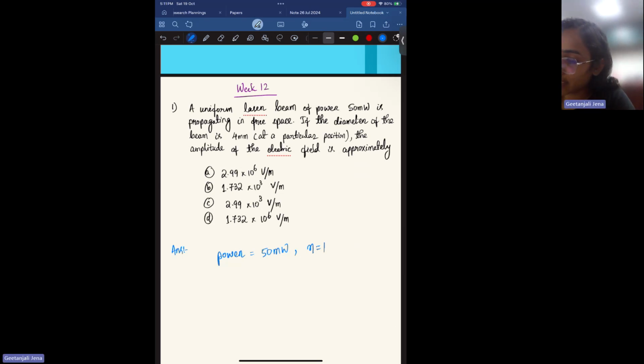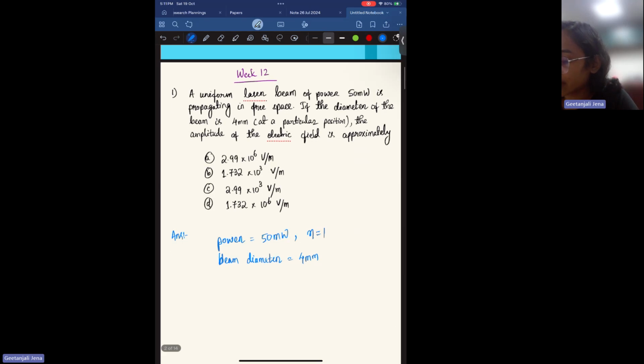And the next thing that is given is the diameter of the beam. It is the beam diameter, it is 4 millimeter at a particular position.